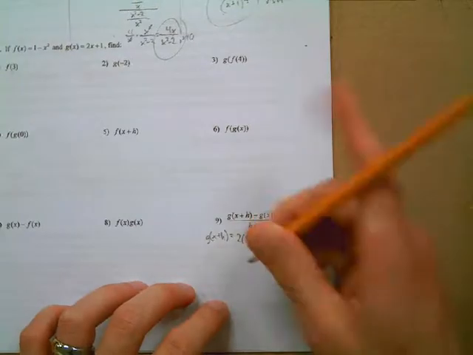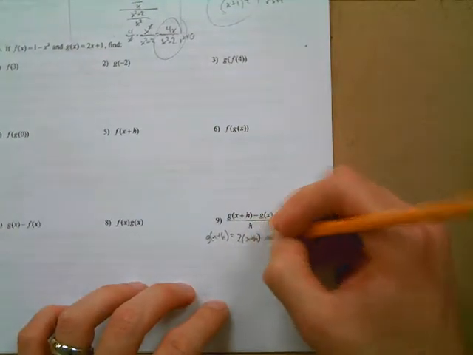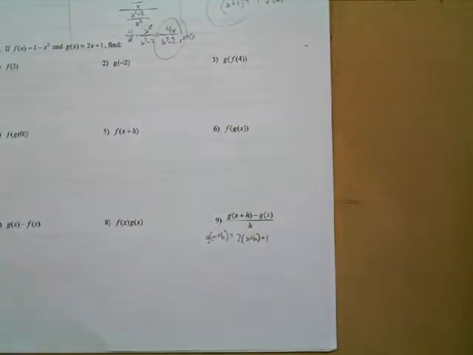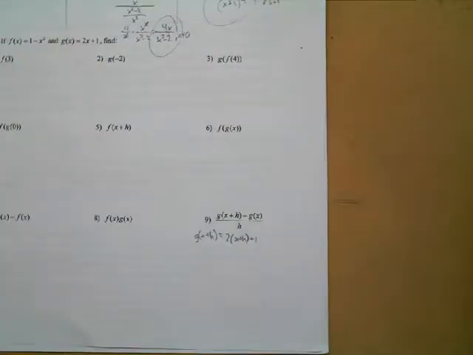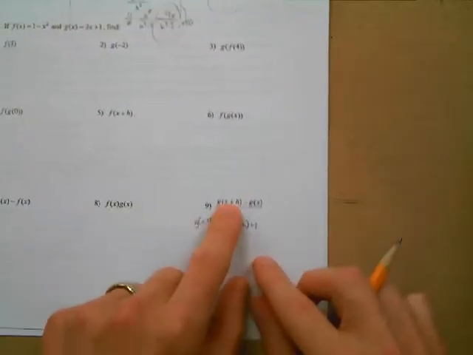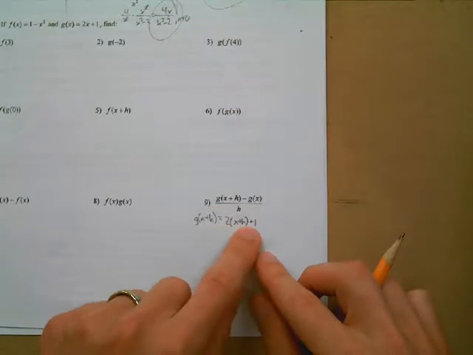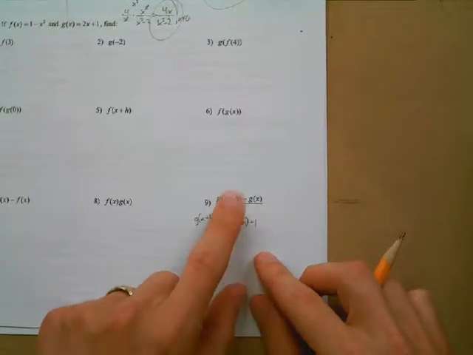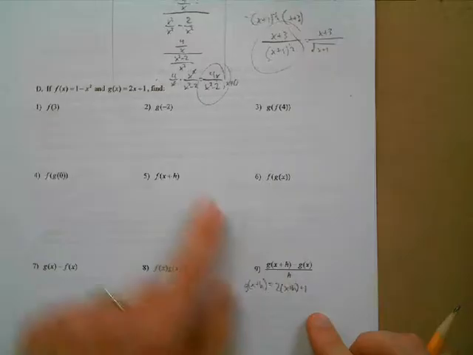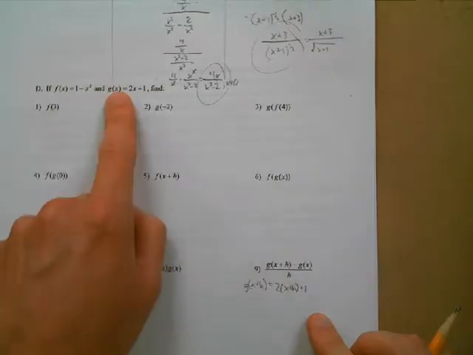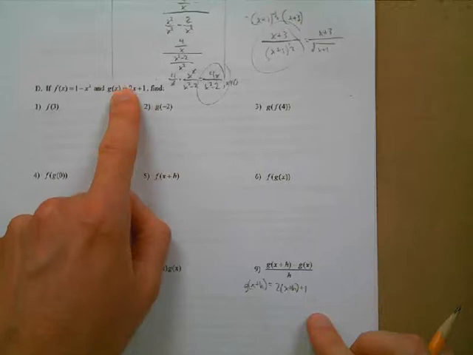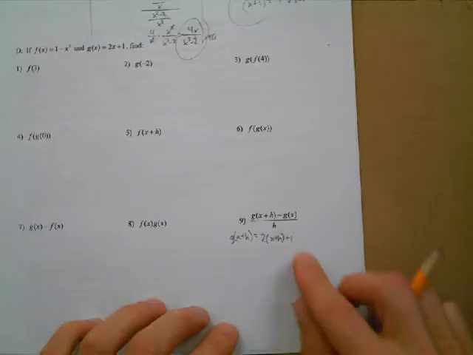All right, so again, tomorrow we'll be going over the rest of this, I think, or at least up through, let me check my calendar here. Tomorrow we're going up through E, F, G, H, and I. All right, so that is not the entire packet, right?